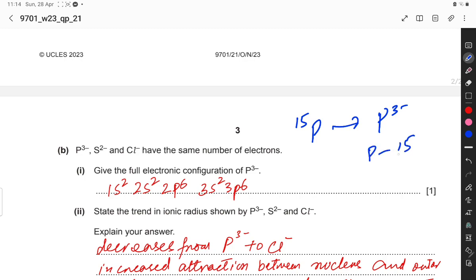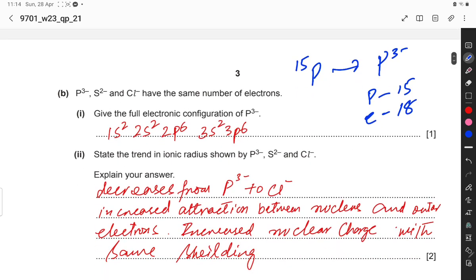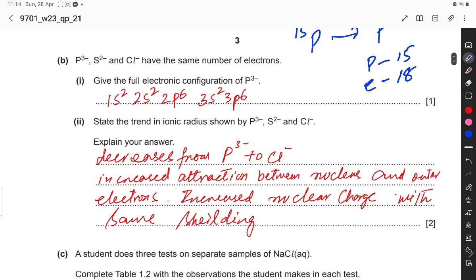Proton is 15, electron is 18. 1s2, 2s2, 2p6, 3s2, 3p6. So, this is the electronic configuration of phosphide.